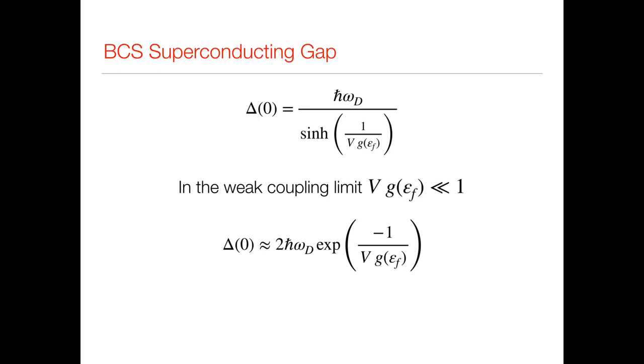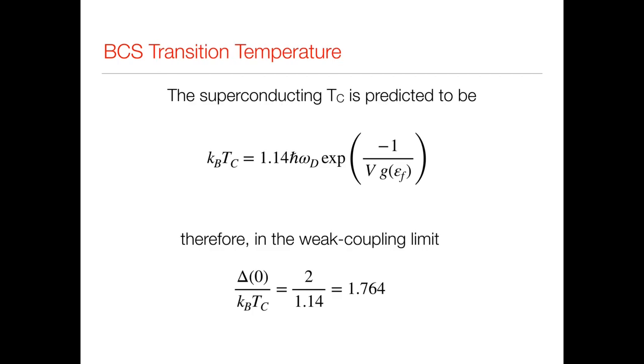Now you'll see in a moment why that's a particularly useful form to write, because another prediction of BCS is that the superconducting transition temperature is given by this formula. The interesting thing is that this is very similar to the equation for the gap in the weak coupling limit.